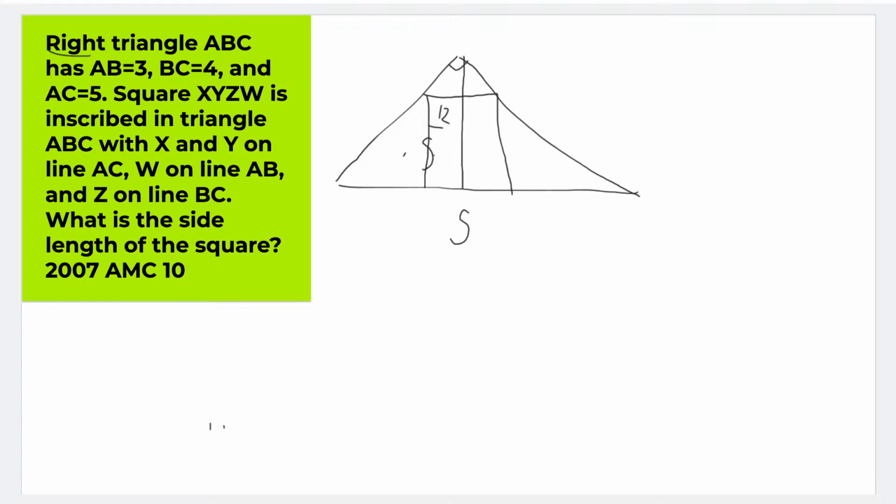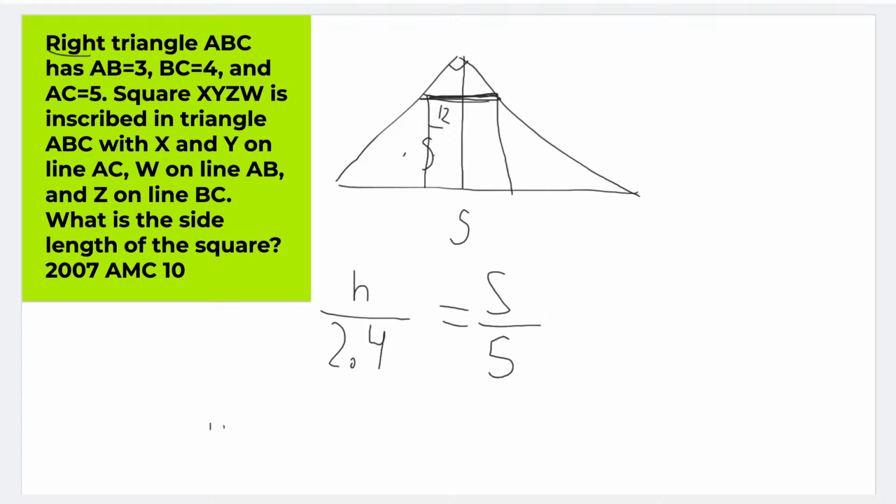The height of this triangle, h, over the height of the bigger triangle, which is 12 over 5, or 2.4, is equivalent to the base of this triangle, which is just the side length of the square, s, over the base of the bigger triangle, which is 5.